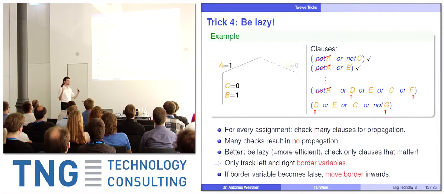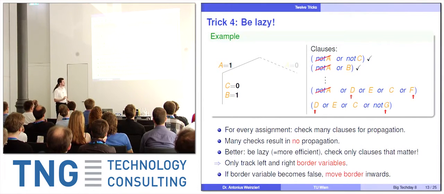If there is a clause where the variable A occurs at the leftmost or rightmost position, then we mark this as deleted and we move the pointer. So for each clause we only have 2 borders to check.